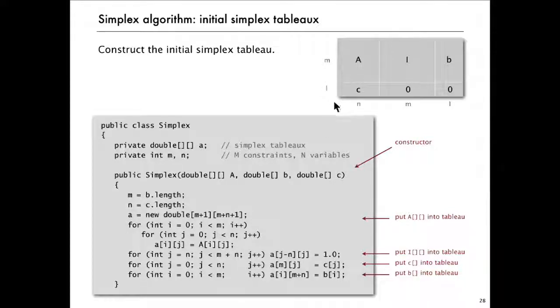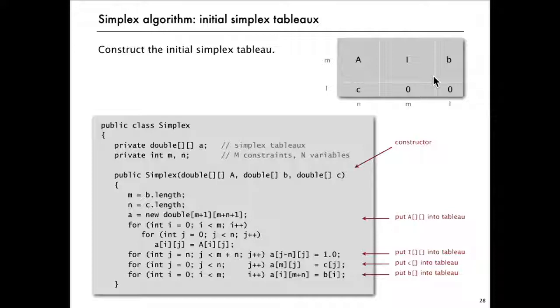M plus 1 times M plus N plus 1. So we just make that array and fill it in from our arguments. Fill in first the coefficients and then put the initial values of the slack variables along the diagonal here.